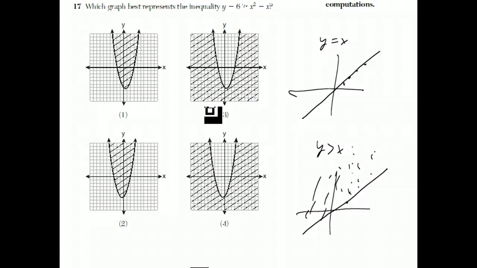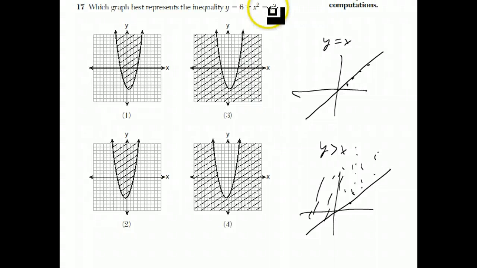Let me see, what's the difference between these? Oh, I see. So x squared minus x, we need to graph that parabola. The easiest way to graph x squared minus x is x times x minus 1, which means that if you set that equal to 0, you have your intercepts at 0 and 1.